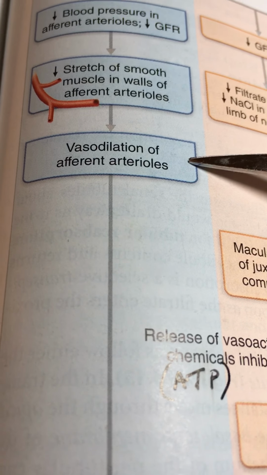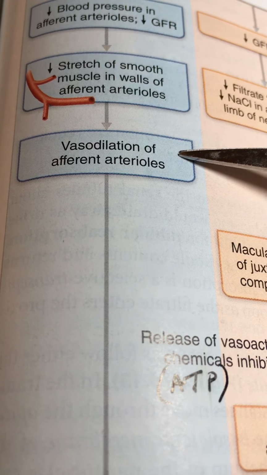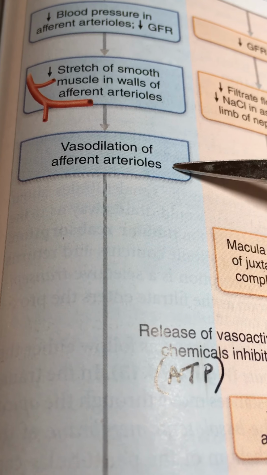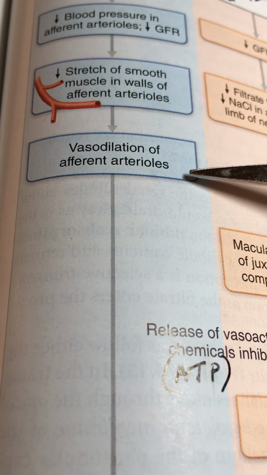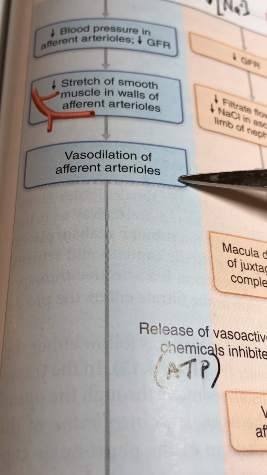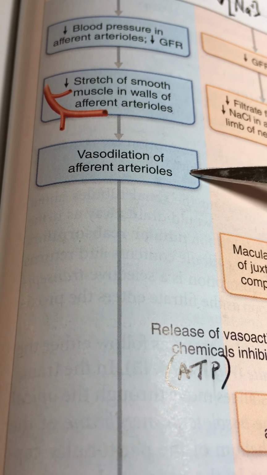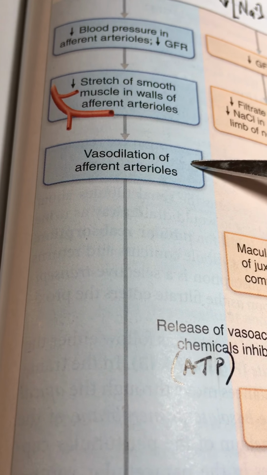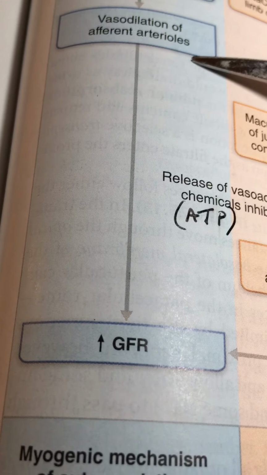But before we get to that, the vasoconstriction of the arterioles can begin even before this happens, specifically. Okay, so we can allow more blood to flow into the glomerulus. With lower and lower blood pressure, the afferent arteriole is relaxing more and more to let more of the blood come in.